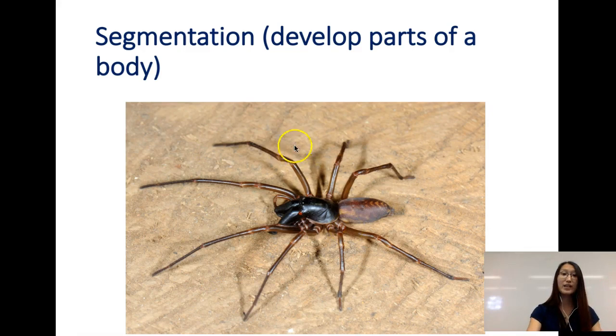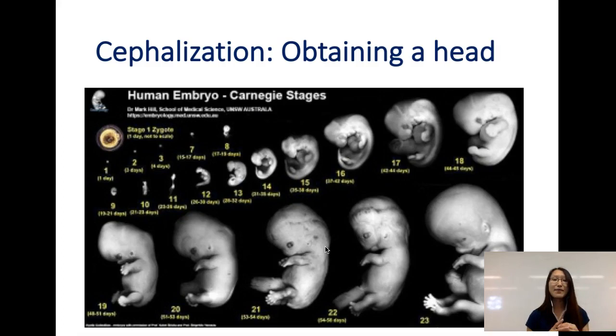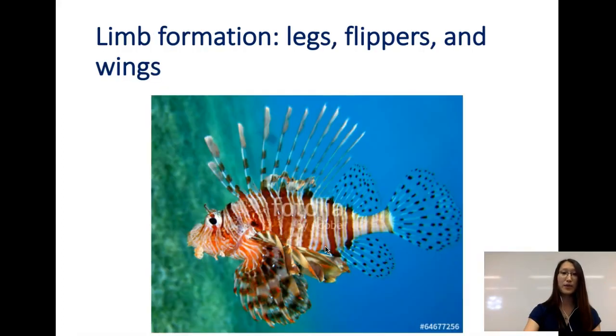They don't have bones, but they have segments of the exoskeleton, which allow them to have different compartments of their body. And then there's also cephalization, which is the growing of a head, which doesn't apply to all the organisms or even all the animals, but a lot of the animals do have a head. So cephalization is a process of obtaining a head during development.